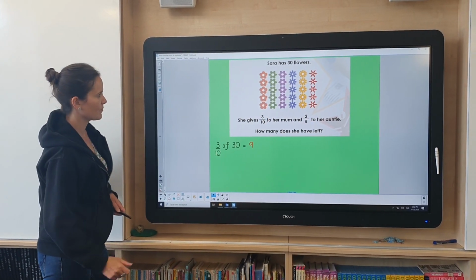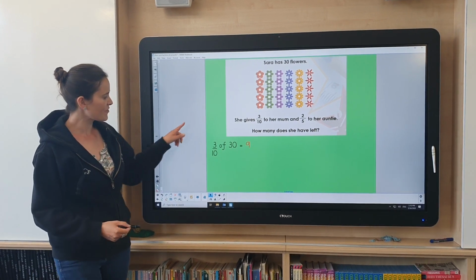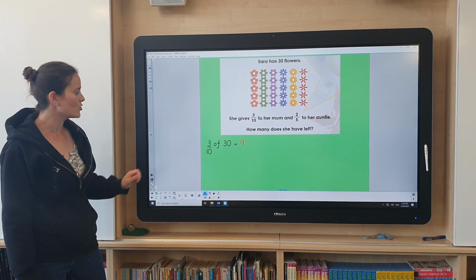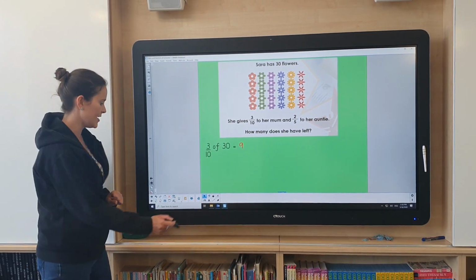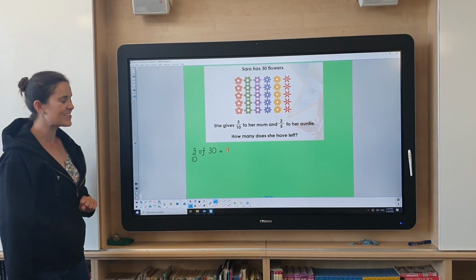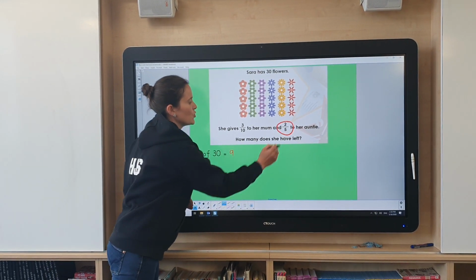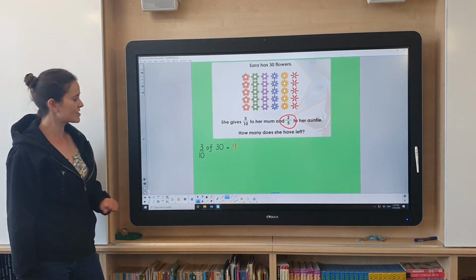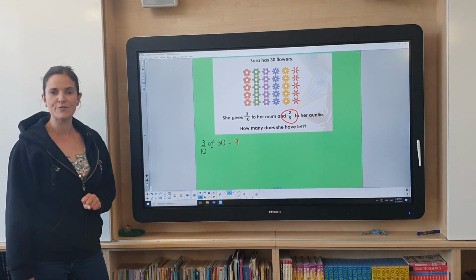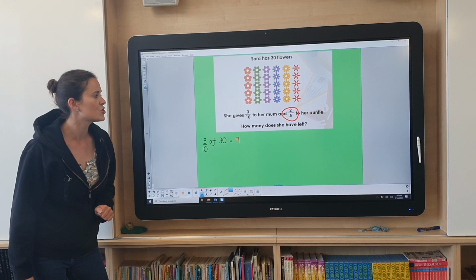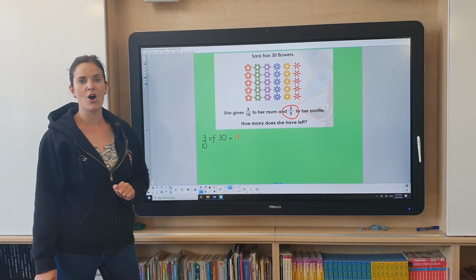Now, what I've done here is I've put the bit that we've worked out so far already onto our slide here. And I'm now going to look at the second part of the question, which is this 2/5 here. Because as well as giving 3/10 of the flowers, which is 9, as well as giving those away, Sarah also gives 2/5 of her flowers to her auntie.